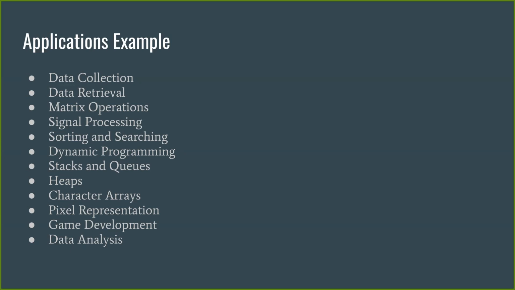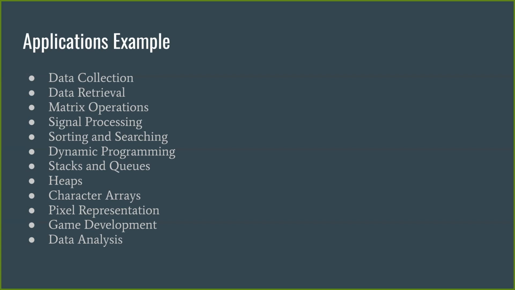First, data collection and data retrieval: they both involve storing and accessing sequential data. For data collection, arrays are ideal for collecting and storing data of the same type. Let's think of an IoT device that measures the temperature of your house.